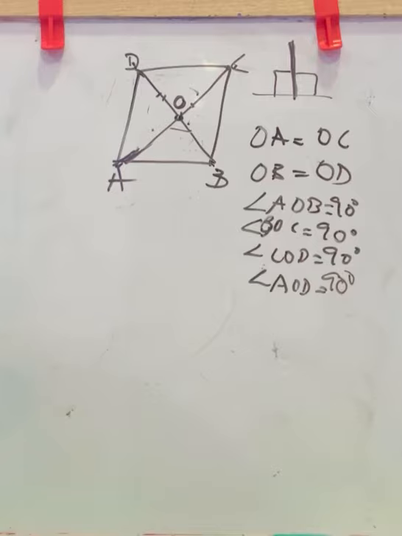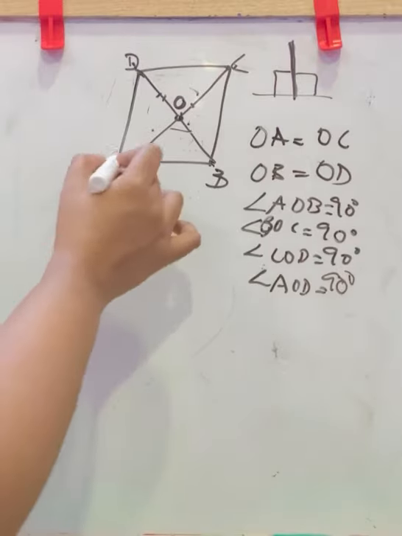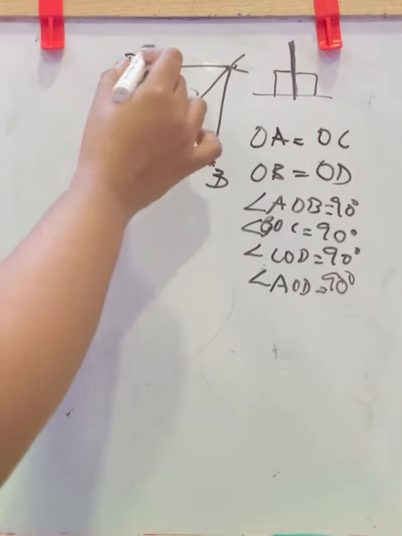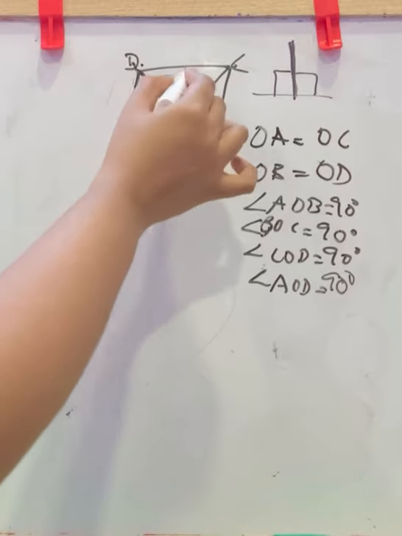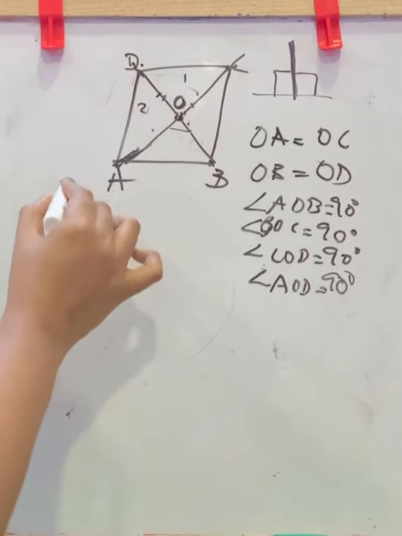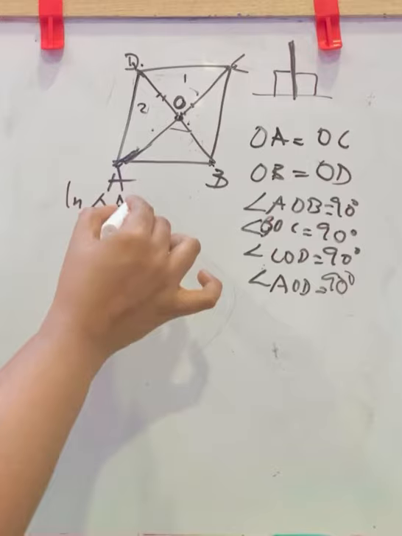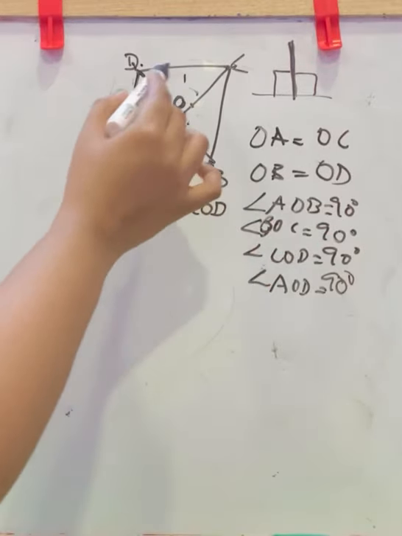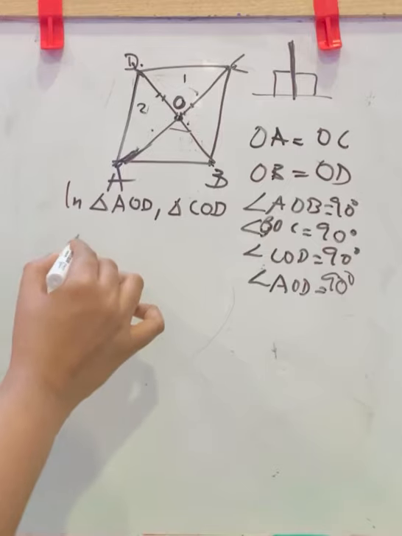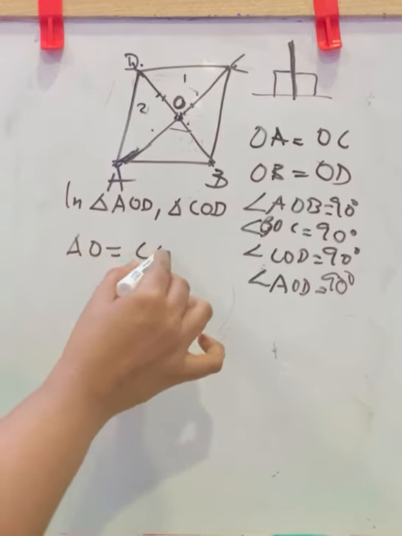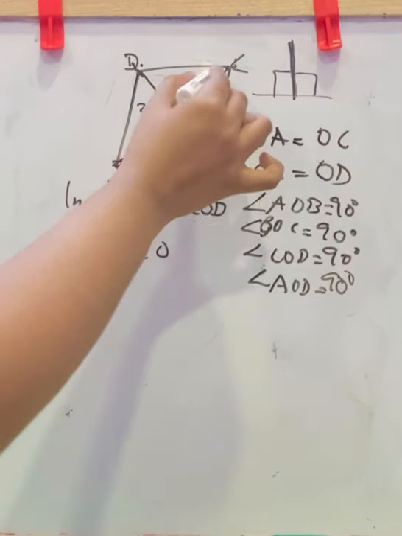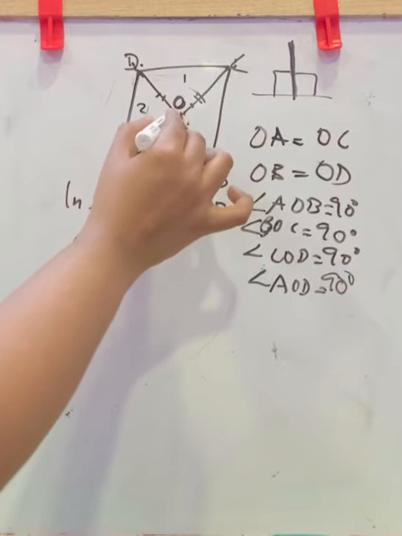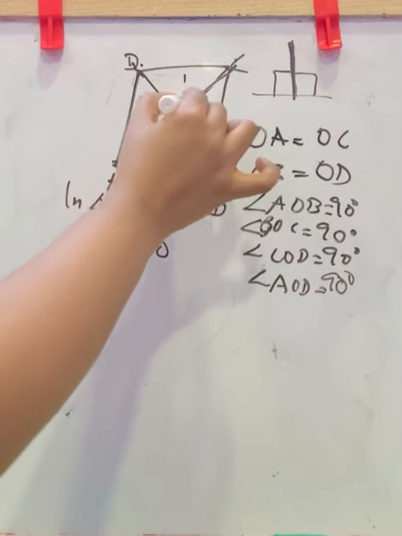First, let us consider triangle AOD and triangle COD. In these two triangles, we have AO equal to CO. That is, these two lengths are equal.